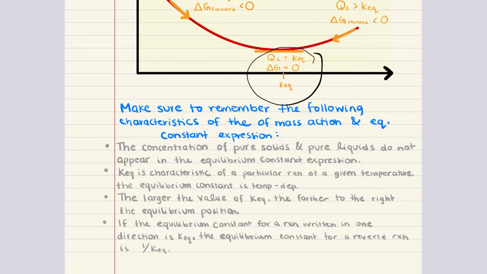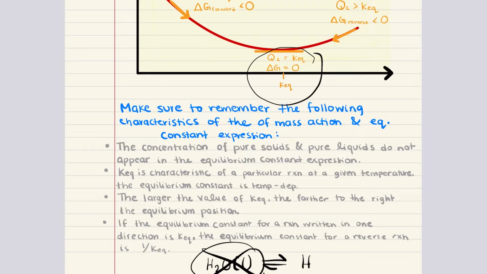So if you see a reaction where something is a liquid, that is not included in our equilibrium constant expression. Make sure to omit that when you are writing the equilibrium constant expression. Solids and liquids, not included.